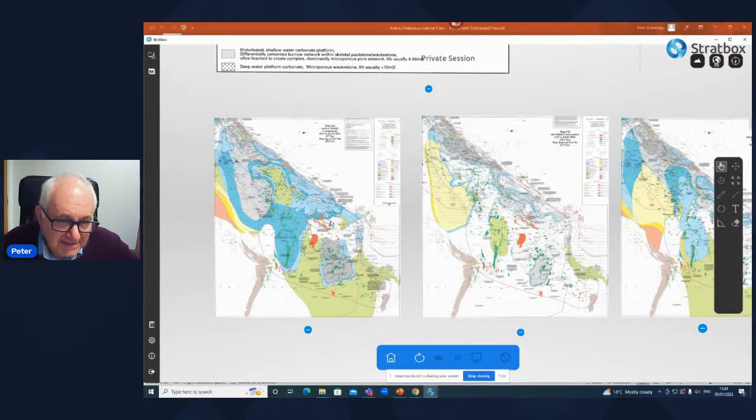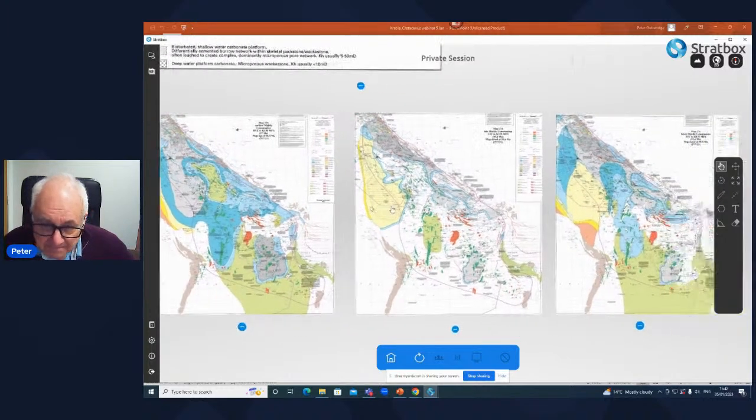This is a high stand associated with the K130 maximum flooding surface, where we have development of very shallow water carbonate platforms around the Arabian Shield, with these rudist build-up facies associated with the shelf margins. And we begin to see this large hole appearing in the stratigraphy, which is what we'd expect to be associated with the top Mishrif unconformity.